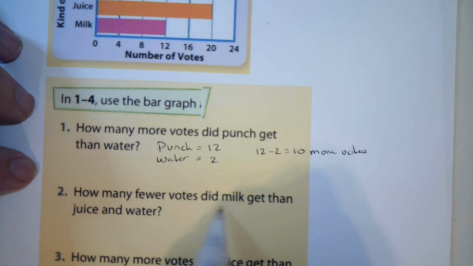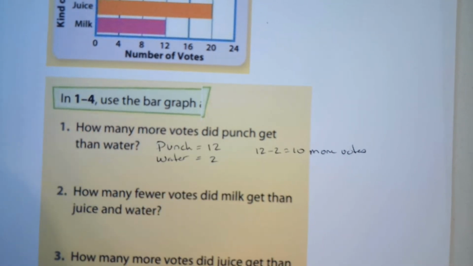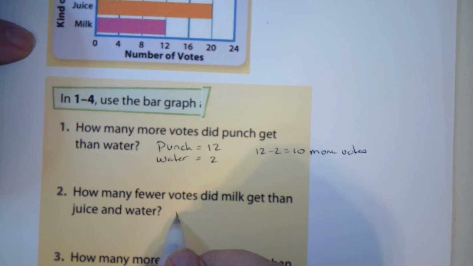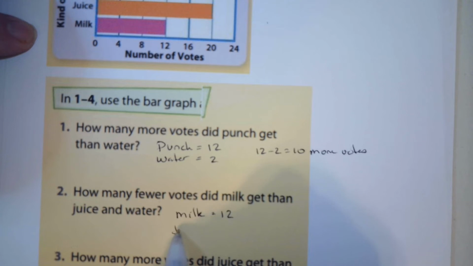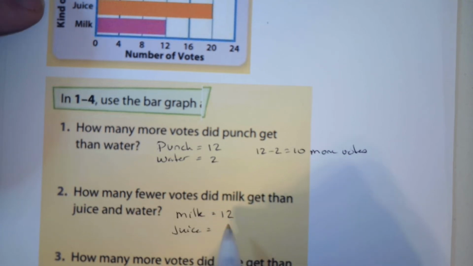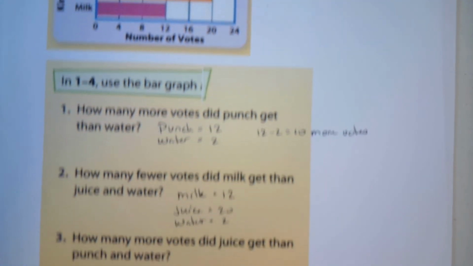How many fewer votes did milk get than juice and water? Milk got 12 votes. Juice got 20. Water got 2.